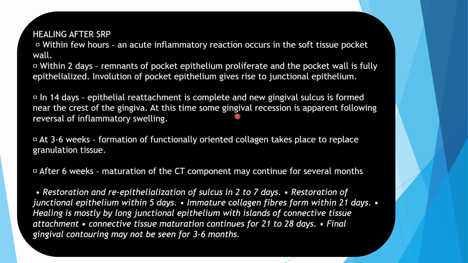At this time, sometimes gingival recession will be seen following the reversal of inflammatory swelling. At 3 to 6 weeks, formation of functionally oriented collagen takes place to replace the granulation tissue. After 6 weeks, the maturation of the connective tissue component may continue for several months.